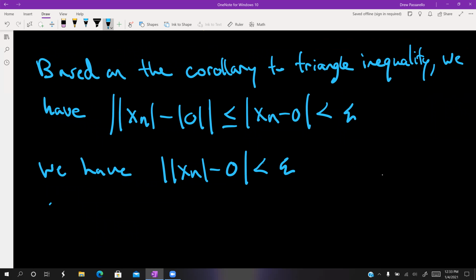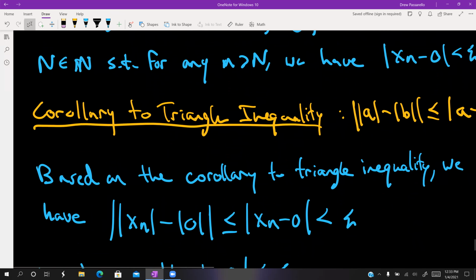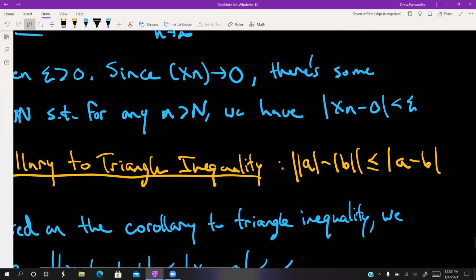So that tells us the sequence of the absolute value of xn converges to 0. All right, so that was using this capital N, which we know from the sequence xn converging to 0. We already know that the difference, the absolute value of xn minus 0, is less than epsilon.